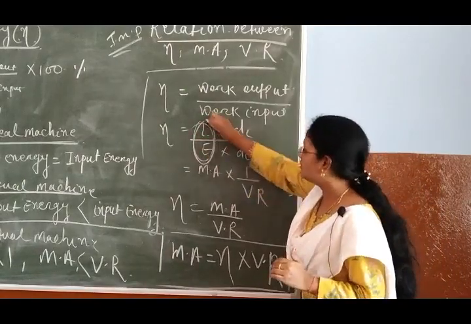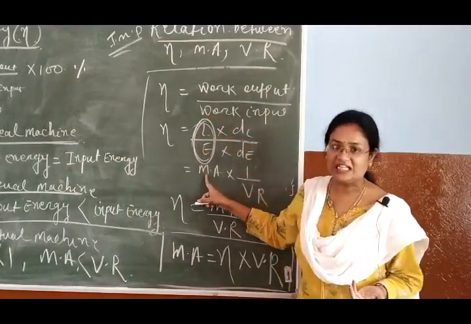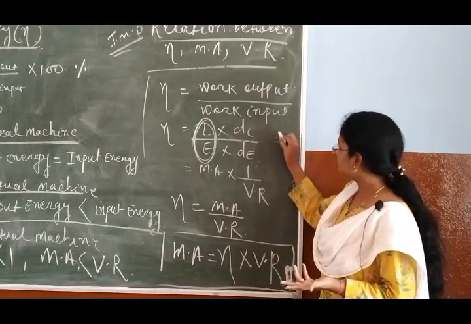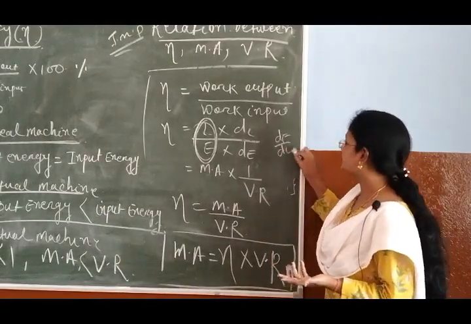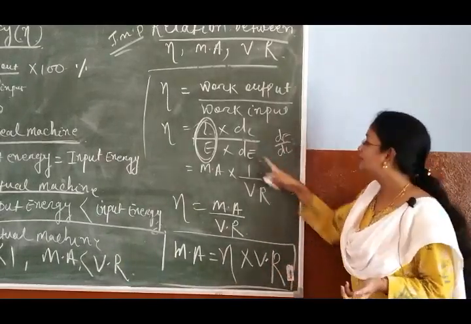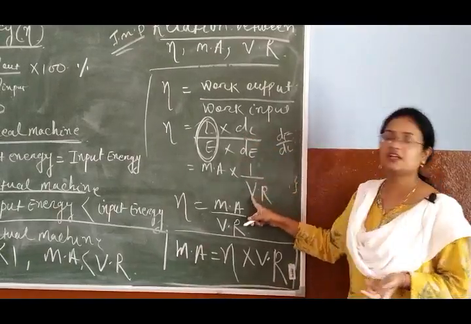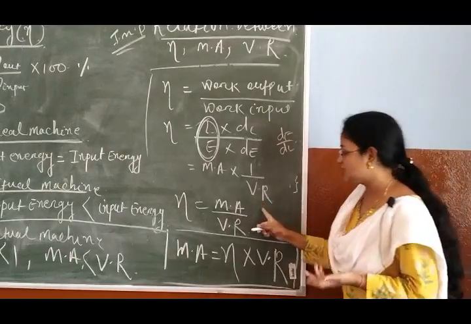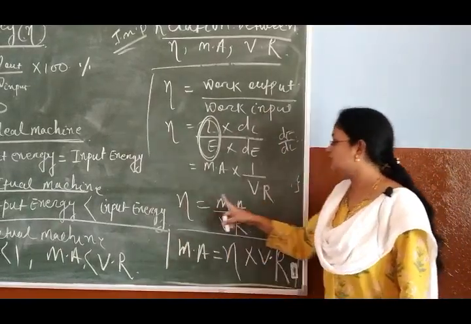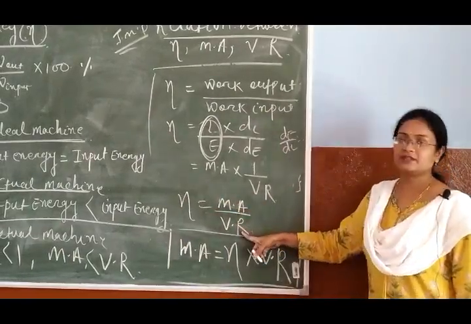But load by effort is your mechanical advantage. And dE by dl is your velocity ratio. But here dl by dE is there, that's why I have written here 1 by VR, meaning velocity ratio. So efficiency is equal to mechanical advantage by velocity ratio.